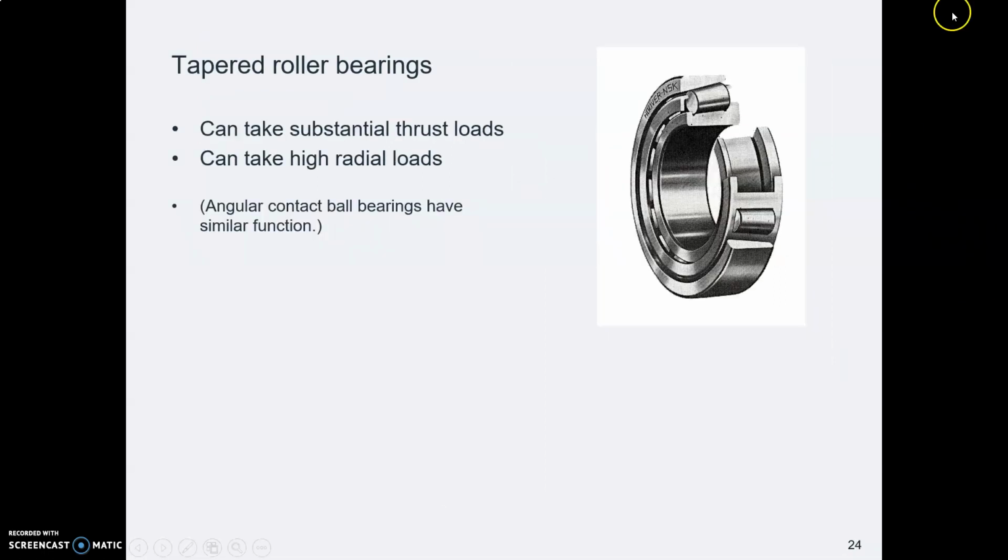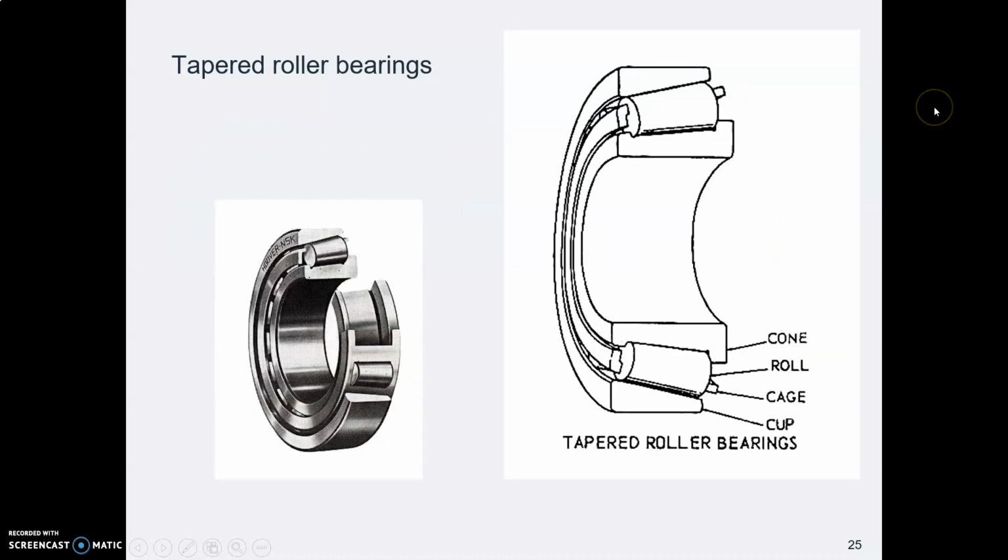Then another shape of roller is the tapered roller bearing. So it has line contact like a plain roller bearing, but it's tapered, and it can take thrust loads. In a taper roller bearing, the races are called a cup and a cone for some reason. Don't ask me why.